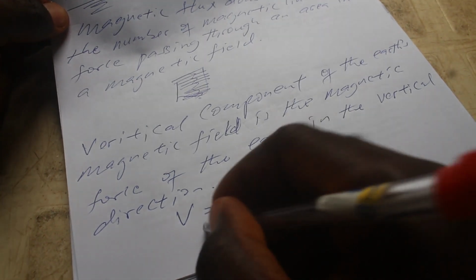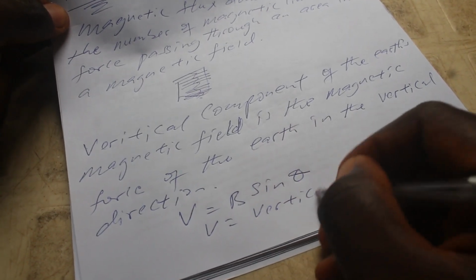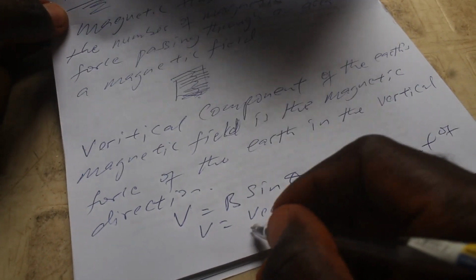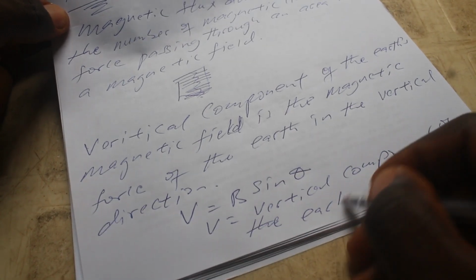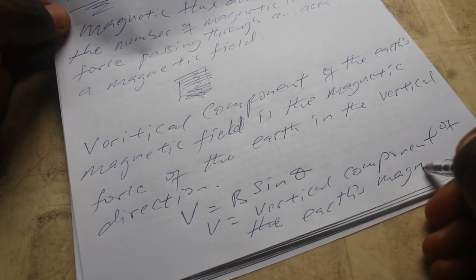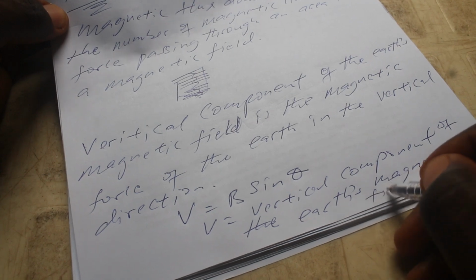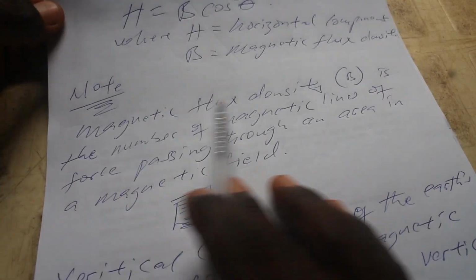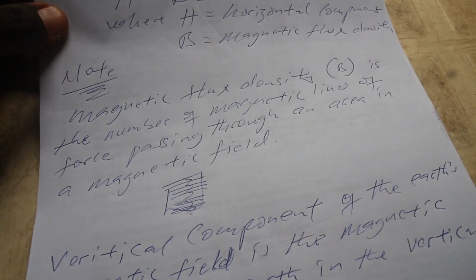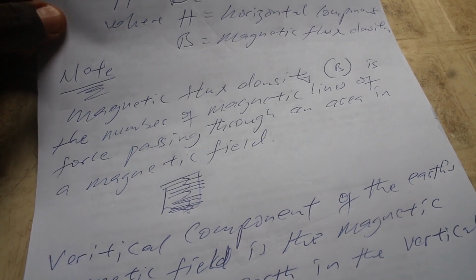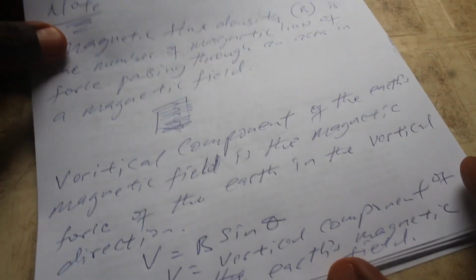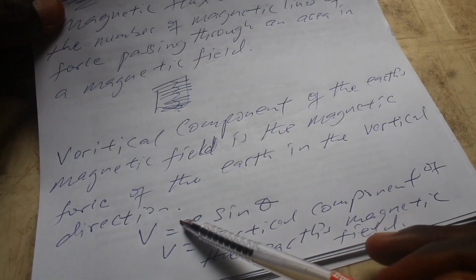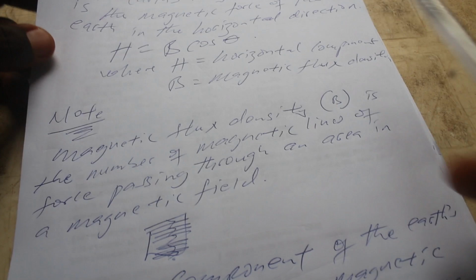Of course, V means the vertical component of the Earth's magnetic field, and you know what B is. B is the magnetic flux density, which is the number of magnetic lines of force passing through an area in a magnetic field. So in the next video, we're going to be finding the relationship between the horizontal and the vertical components of the Earth's magnetic field.